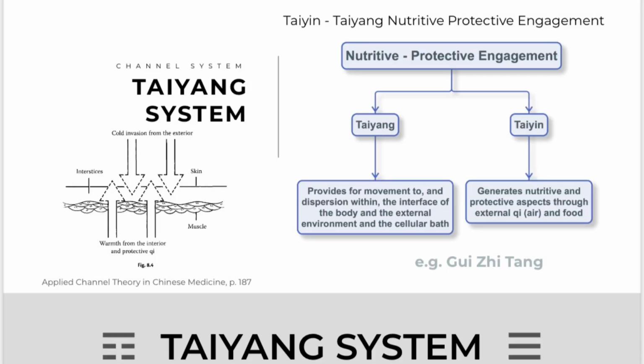So with the Tai Yang, the Tai Yang is providing the movement to and dispersion within the interface of the body and the external environment of the cellular bath. Okay, so again, Tai Yang is touching every part of our body, but at this very superficial level, and it's just providing the movement and dispersion.